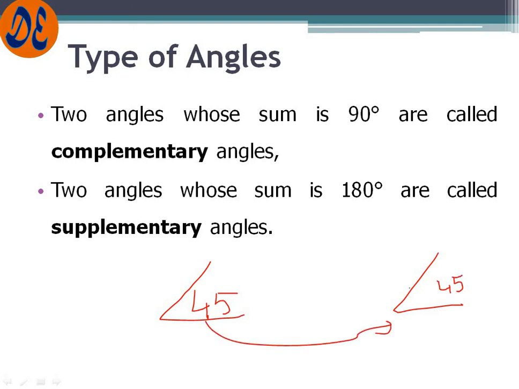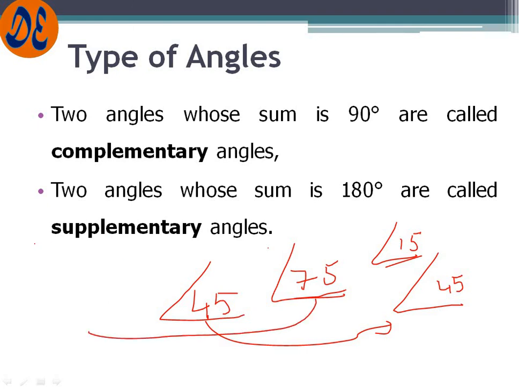Because if we add these two, the sum becomes 90 degrees. Similarly, if we are making an angle of 75 degrees, its supplementary angle will be 15 degrees, because the sum of these two angles becomes 90 degrees. Similarly, if the angle is 75 degrees, then if we want to calculate the supplementary angle, how much will the supplementary angle be?